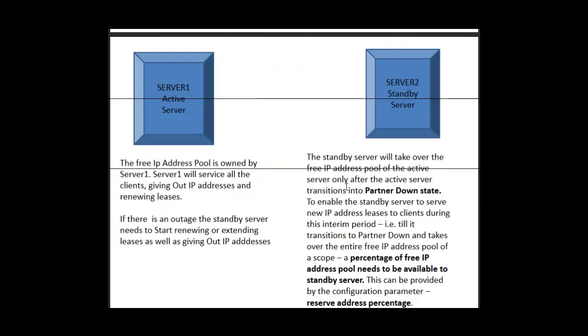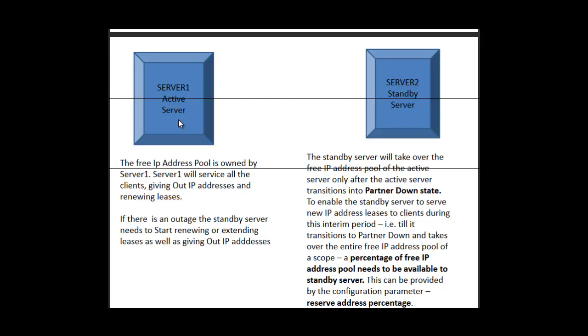Here we have an example. You have server 1, you have server 2. Server 1 is the active server. The IP address pool is owned by server 1. Server 1 is going to give out all the IP addresses and all the configuration necessary.